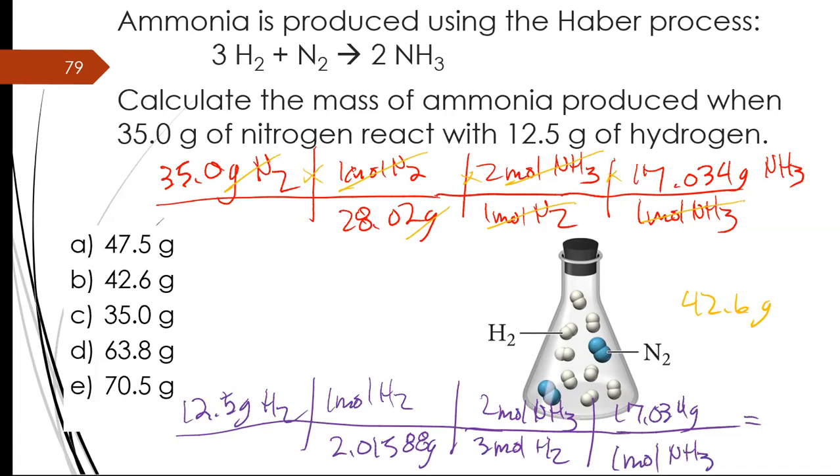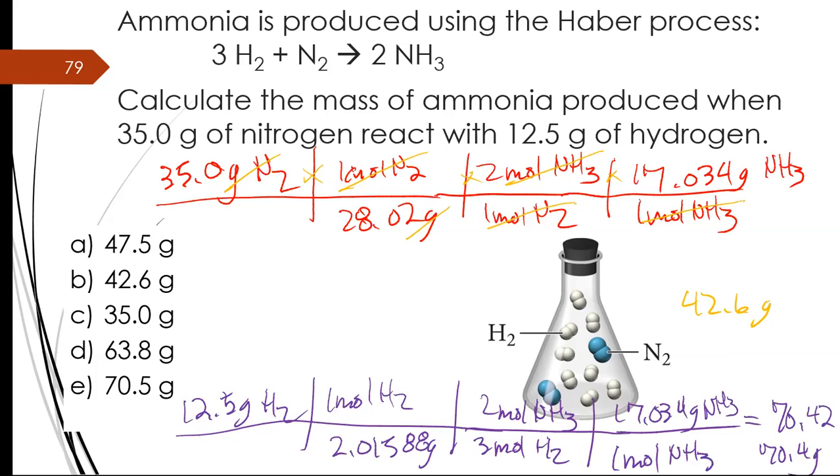And so 12.5 divided by 2.01588 times 2 divided by 3 times 17.034. And that gives me 70.42 or 70.4 grams of NH3.